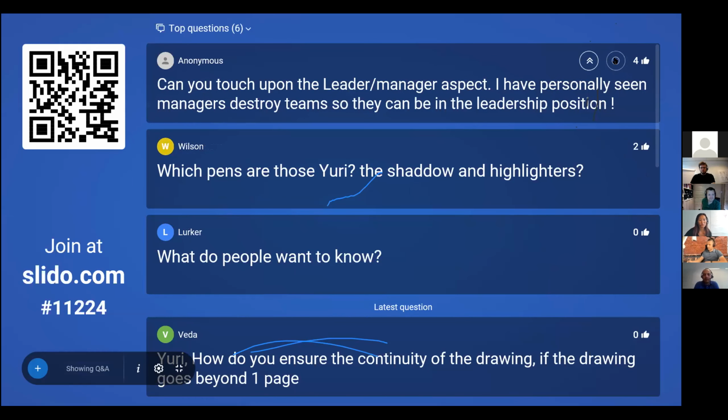Can you touch upon the leader-manager aspect? I have personally seen managers destroy teams so they can be in a leadership position. I have too. However, I don't see it very often now, or I certainly see it less often now, because I think the expectation of leaders has changed within organizations.